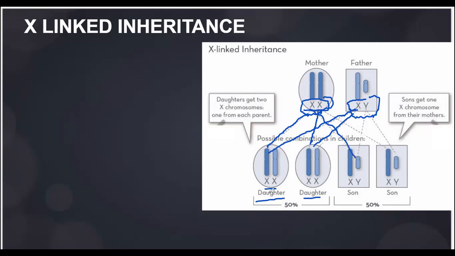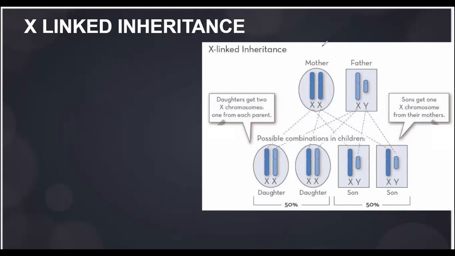If the father donates an X chromosome, then a daughter will be formed. If the father gives a Y chromosome, then a son will be formed. So basically, the sex of the child is decided by the contribution from the father. If the father's X is coming, then a female child will be born. If the father's Y is coming, then a male child will be born.